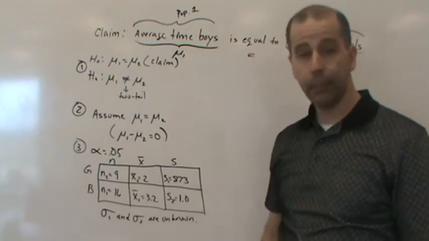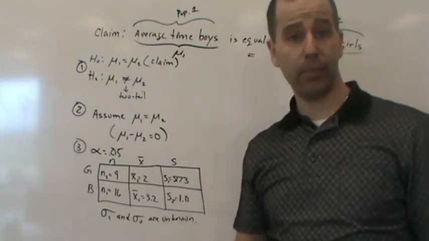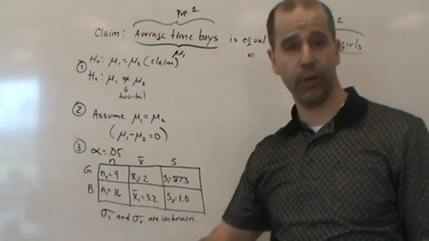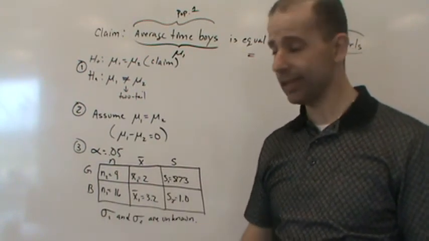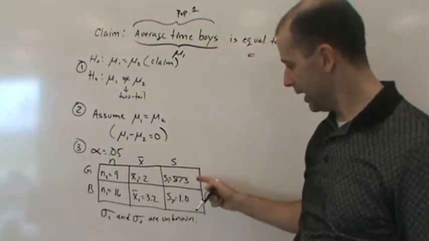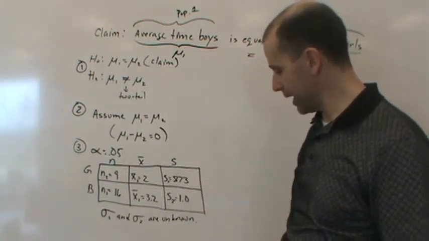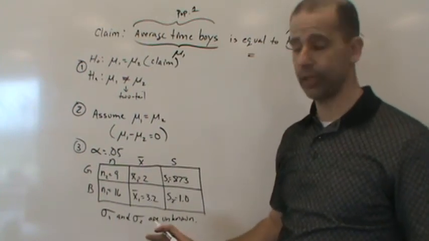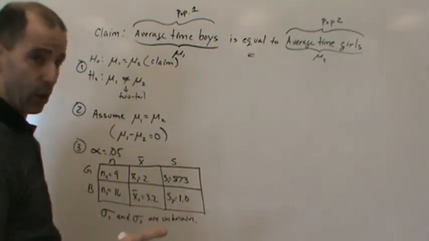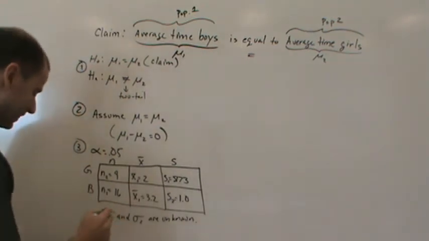Also, if it says in the problem, assume that the population variances are the same, then obviously we would do so and we would pool. But in this case, since they don't say anything, and the sample standard deviations are not the same, we're not going to assume they're the same. So when in doubt, assume that they're not the same.